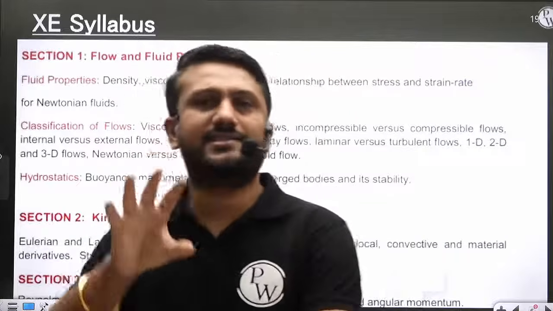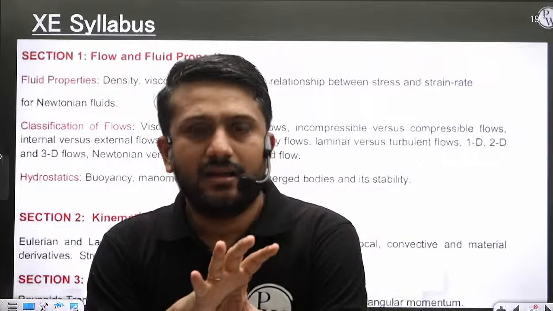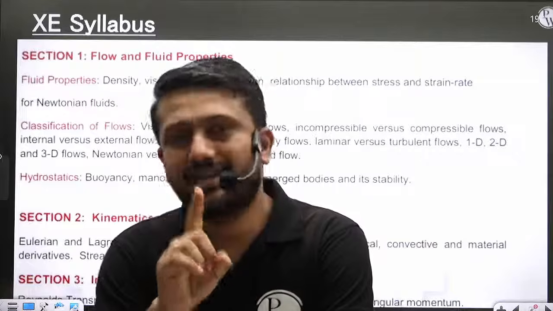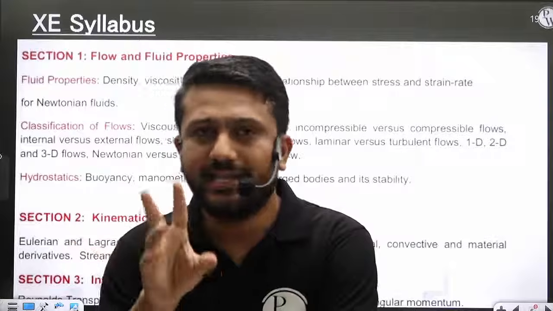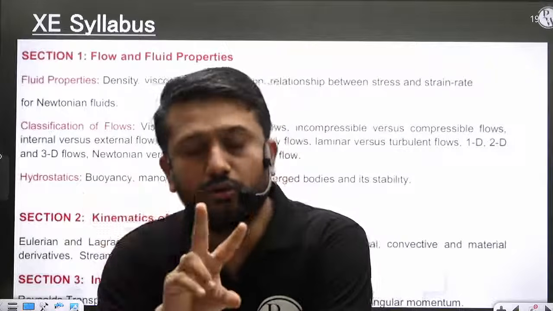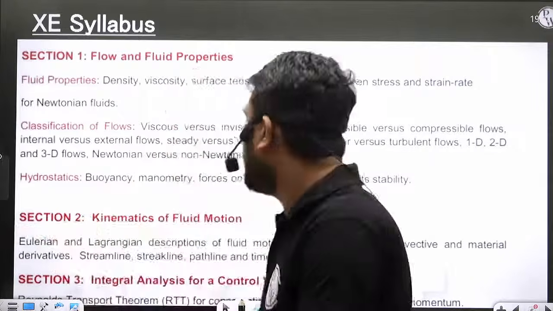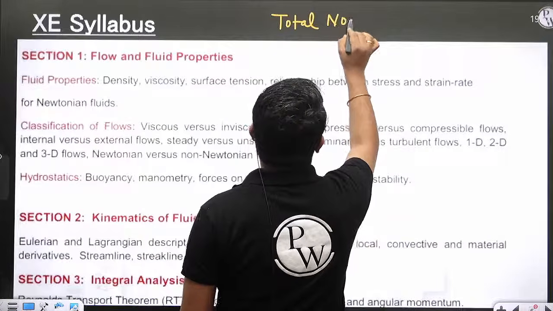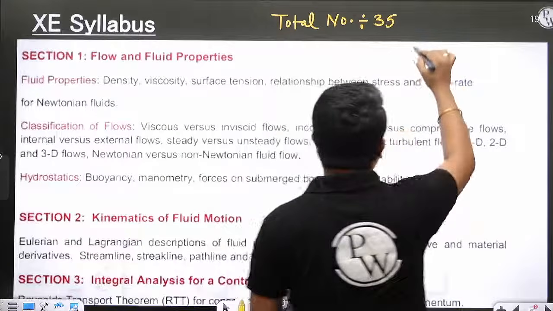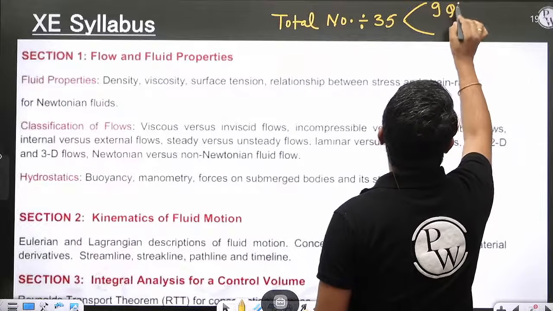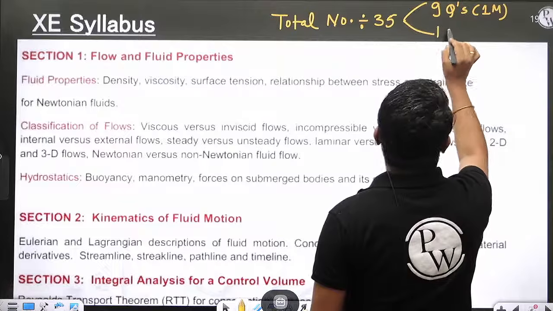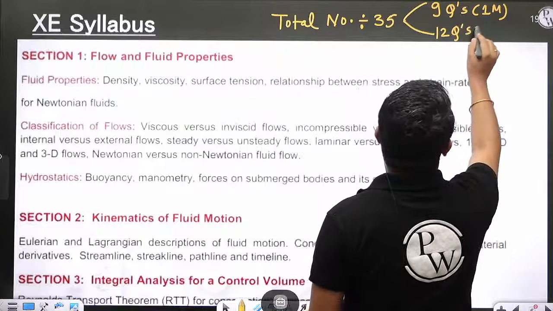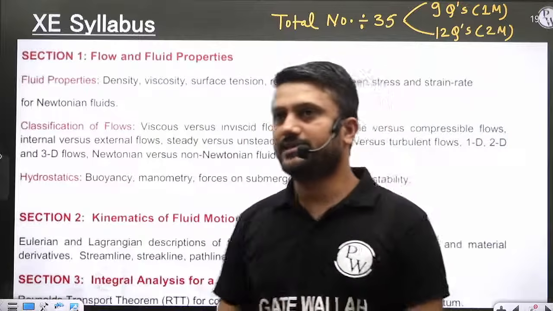In the ESE paper, there is one separate section for fluid mechanics, and that consists of 35 marks of questions. Total 35 marks, and out of this, 9 questions are of 1 mark and 13 questions are of 2 marks. So in total there are 22 questions. And this is the complete ESE syllabus.